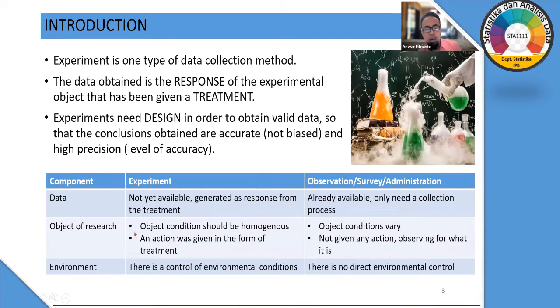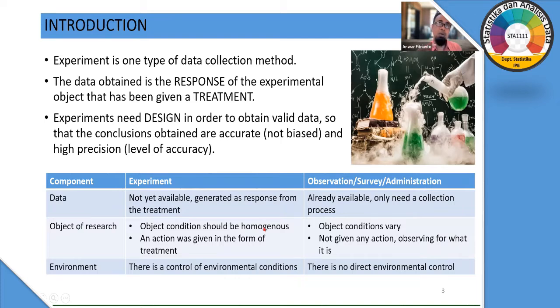About the object of the research. In an experiment, the object condition should be homogeneous. If you conduct an experiment, you try to have the experimental object as homogeneous as possible, so that you can see the effect of the treatment more accurately.